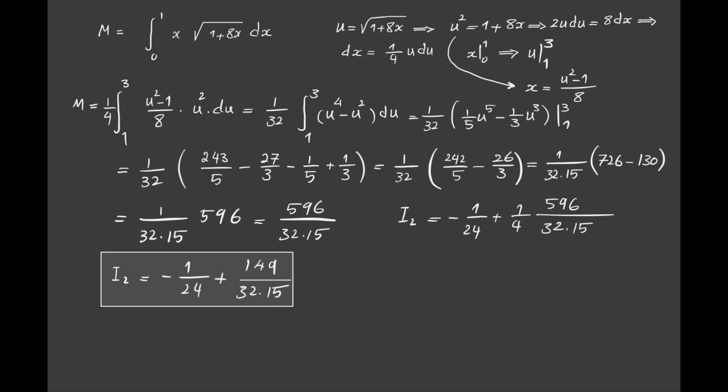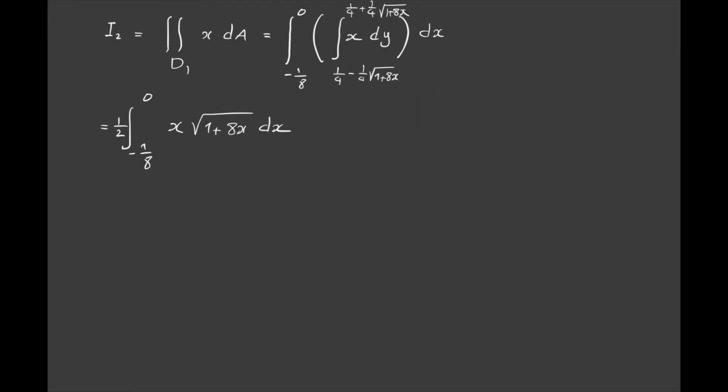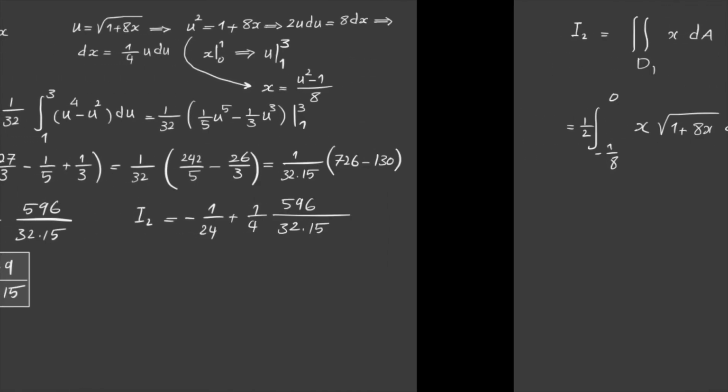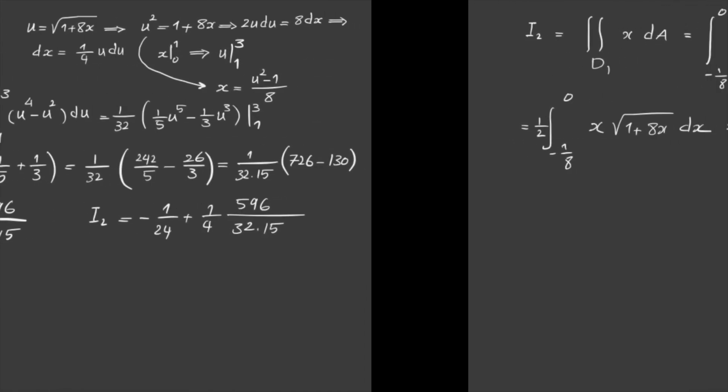Yes? And let me also be careful about this coefficient. Yes, that coefficient is coming from here and this one. So this is still the same. So what I will get is, but of course I have also a 1/2 already here. So this becomes 1 over 64, integral from 0 to 1. Okay, I forgot. Let me see. u to the power of 4 minus u to the power 2 du.